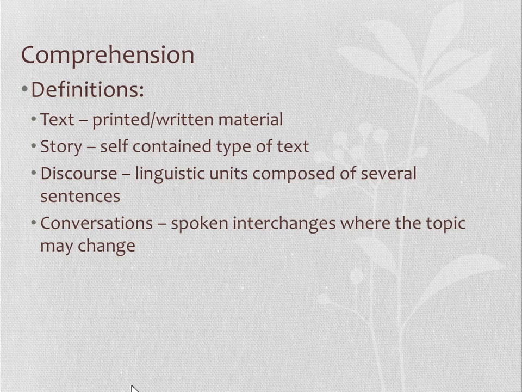Discourse can be a paragraph, it can be an entire novel that contains several stories in a written text. Discourse is the bigger picture. Whereas conversations can be written, but are generally spoken interchanges where the topic might be changing. So there are different things that we are comprehending. It could be a story, it could be a science article, it could be talking to your mom on the phone.